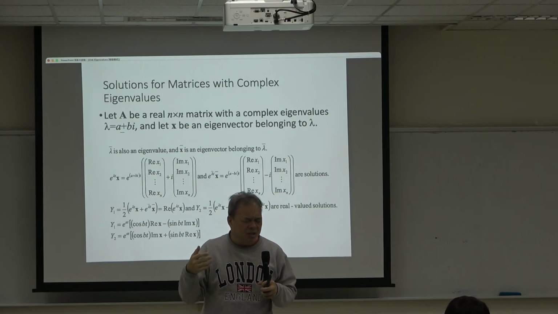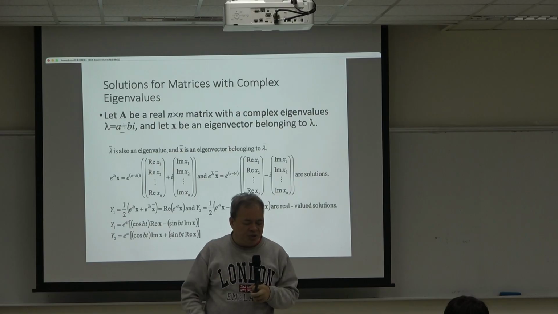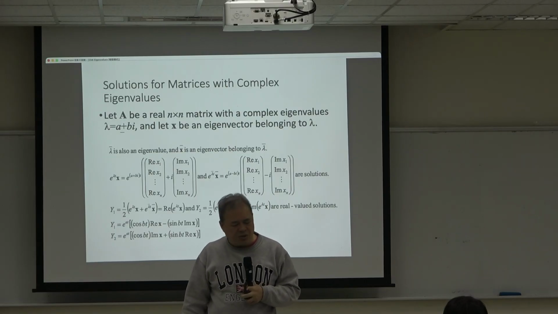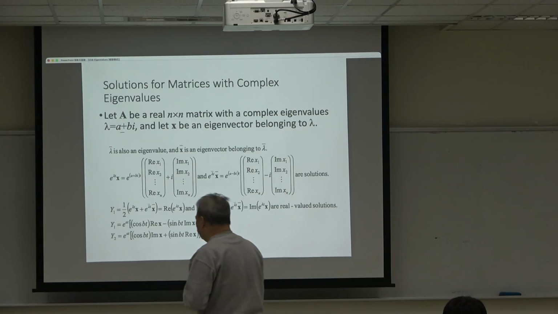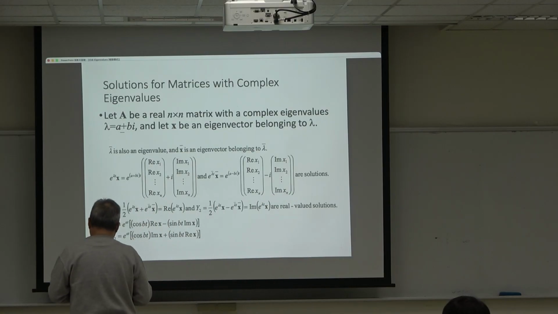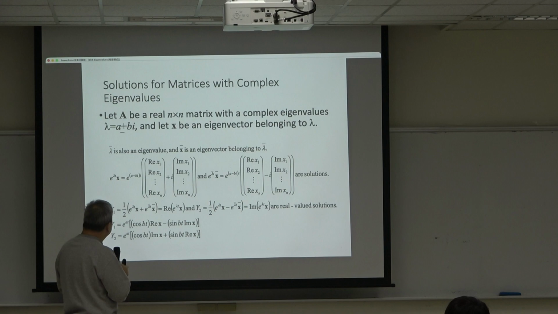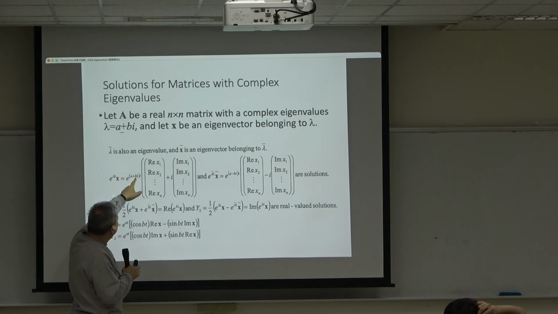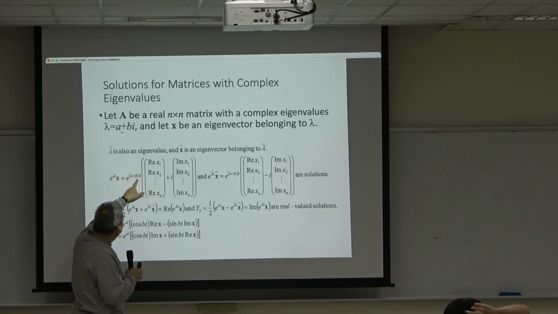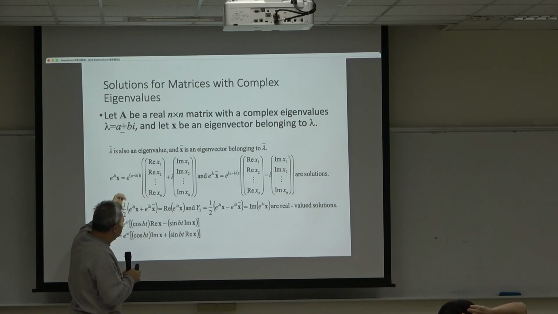But with a little bit more work, we are able to make them real. How do we do it? It's like this. First, e to the power of a plus bi times t. Let's take a closer look.